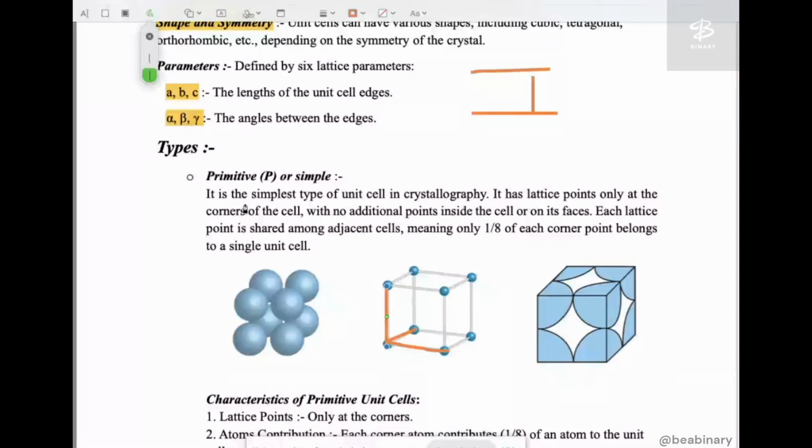These are the three things, and then how they are making angles with each other. This one, how they are making the angle, this one is alpha.